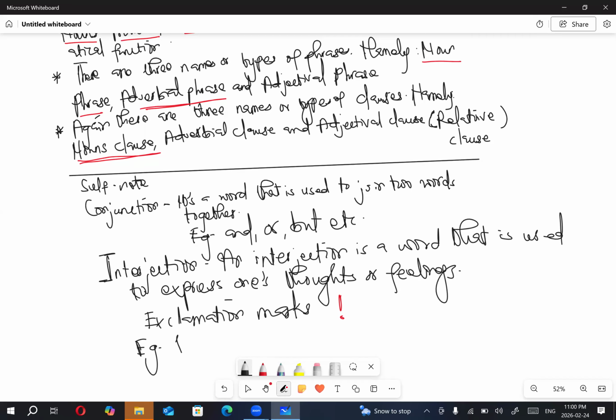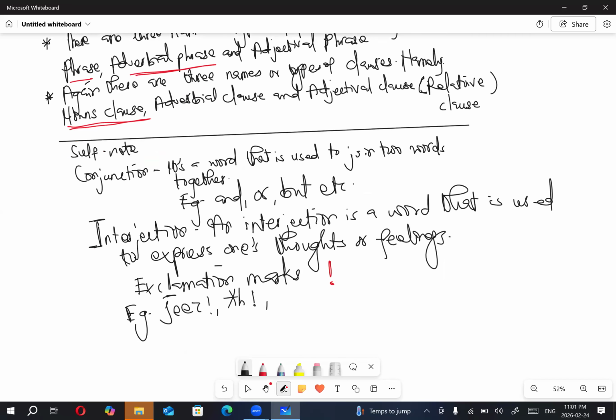So let's look at some examples of interjection. We have gee. We use gee a lot. I can use an exclamation mark to communicate the intensity of it. Gee is used when one is surprised. Ah is also an interjection. You can choose to bring the exclamation mark or not. Ha is used when we're laughing. Oh is an interjection.